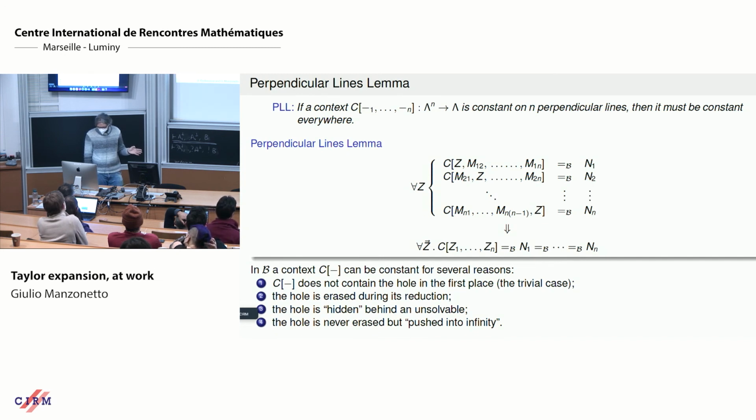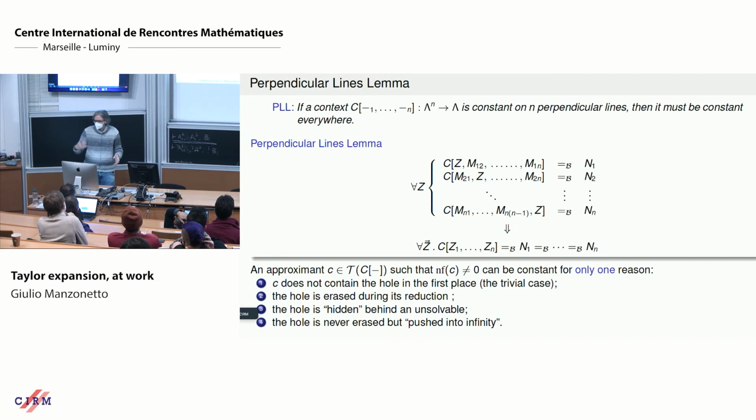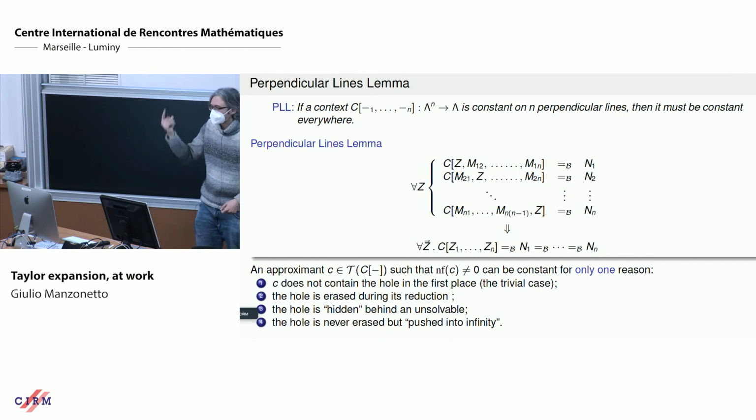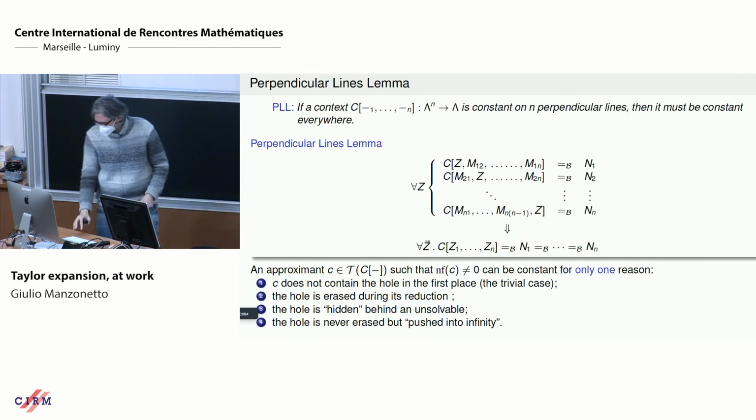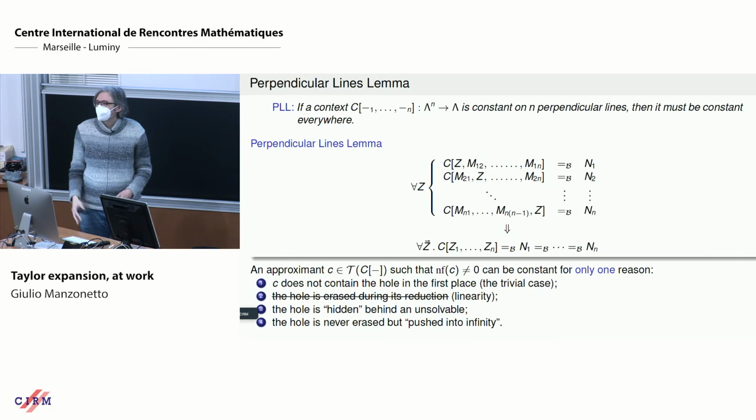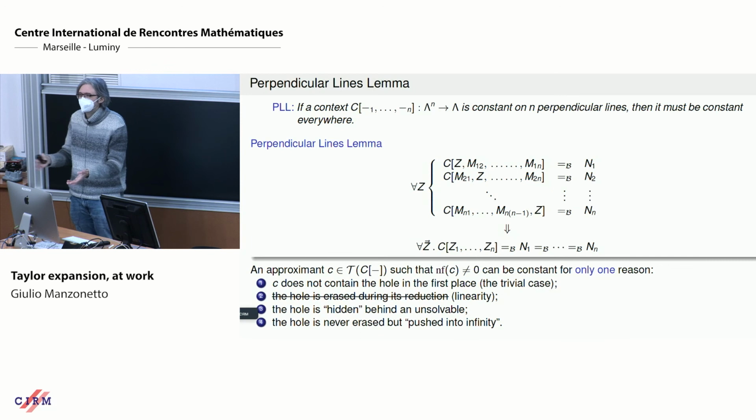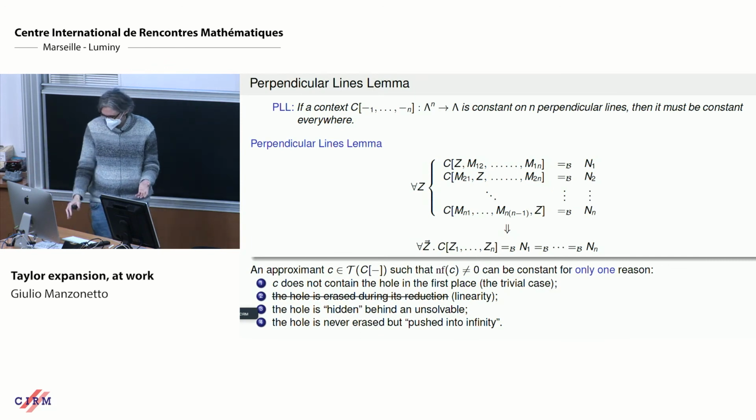So the equality of Böhm trees is equivalent to working with the equality of the normal forms of the Taylor expansion. So if I have a Taylor approximant, and I have a reduction to a non-zero normal form, it can be constant only for one reason. The hole cannot get erased during reduction because the system is linear, so nothing gets erased along reduction.